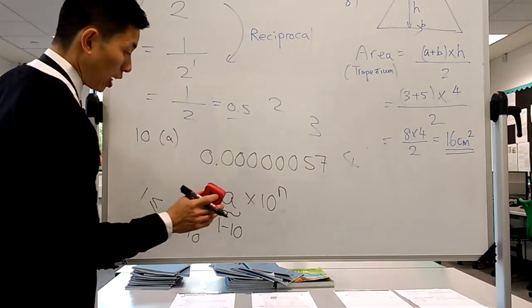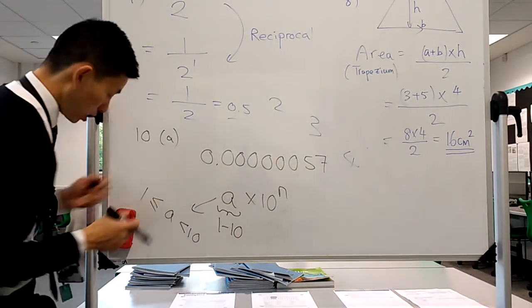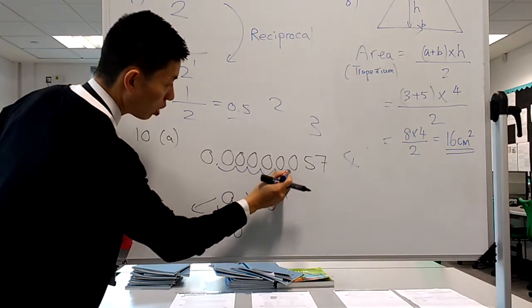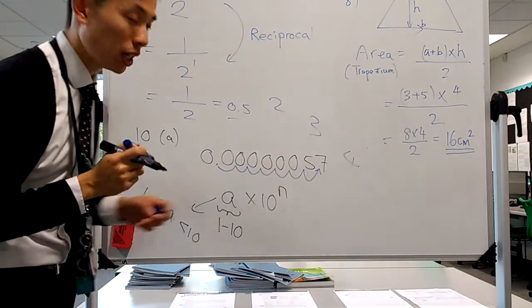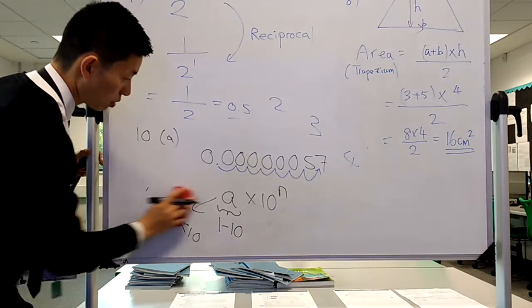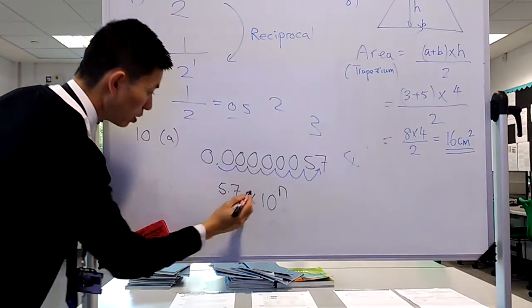If you understand that, that means my decimal point needs to move over to this point, because that will give me a number between 1 and 10. So it's 5.7. I'm going to remove the zeros, and I'm now going to have a 5.7.